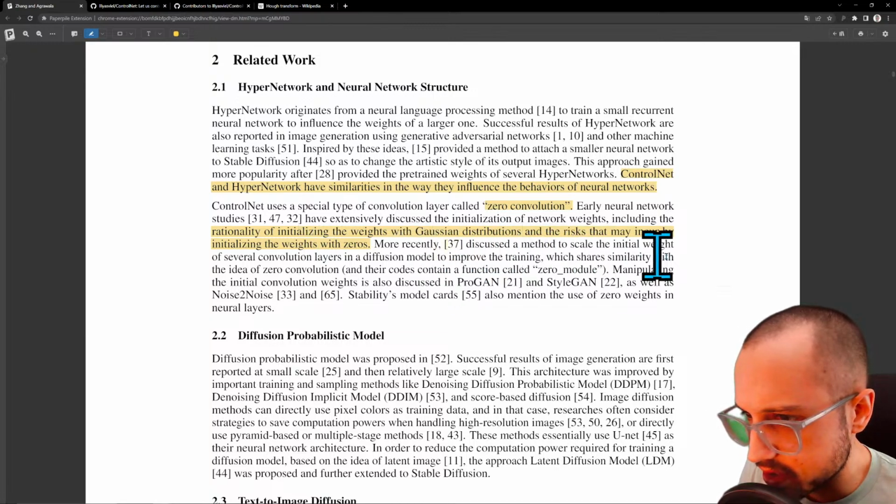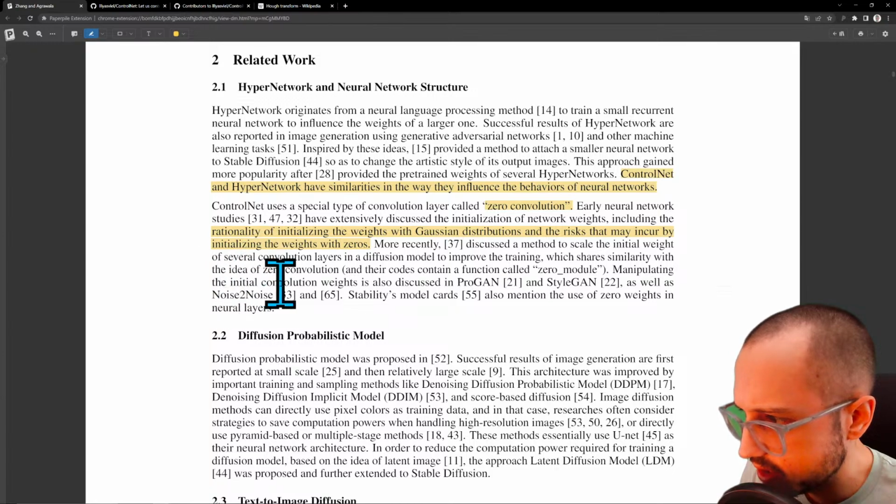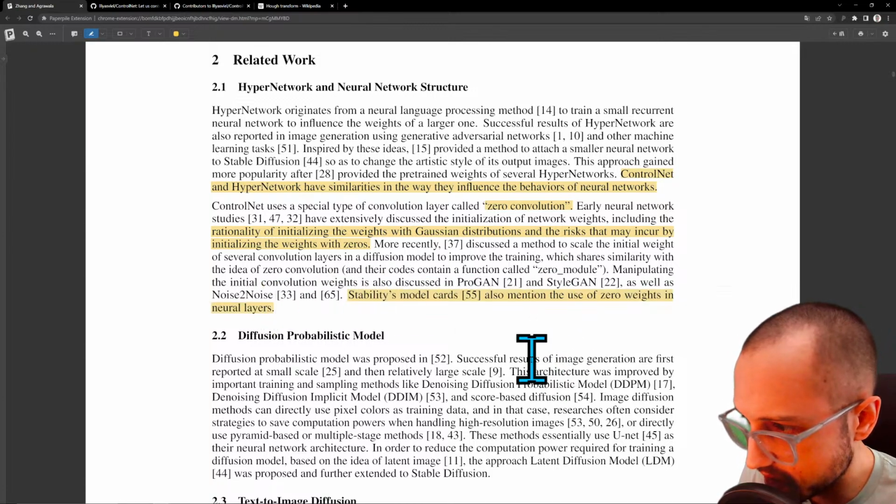Blah, blah, blah. Discussed a method to scale the initial weight of several convolutional layers to improve the training, which shares similarity with the idea of zero convolution. Manipulating the initial convolutional weights is also discussed in ProGAN and StyleGAN, as well as noise-to-noise. Stability's model cards also mention the use of 0 weights for layers. Oh, interesting. Okay, so maybe there's less agreement here than I think.